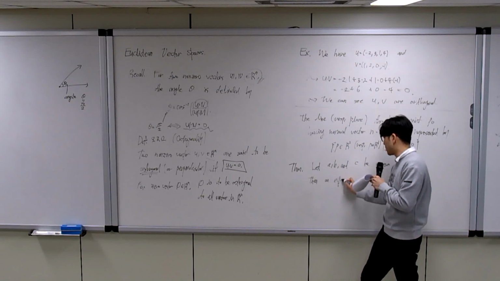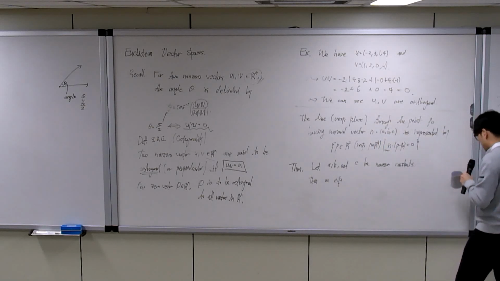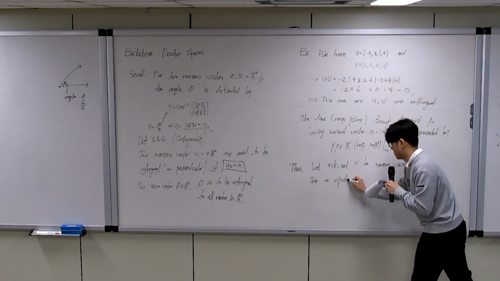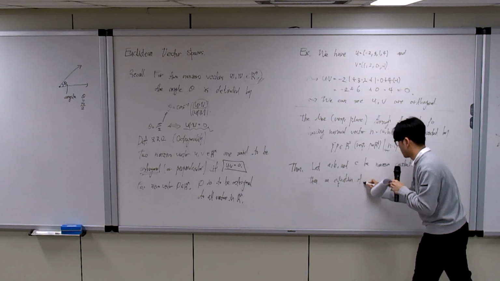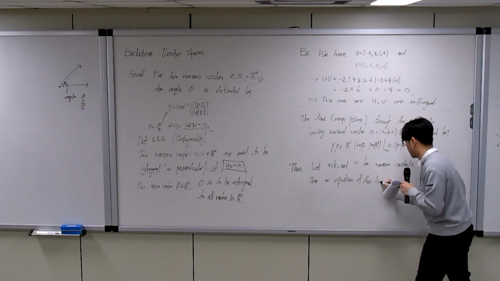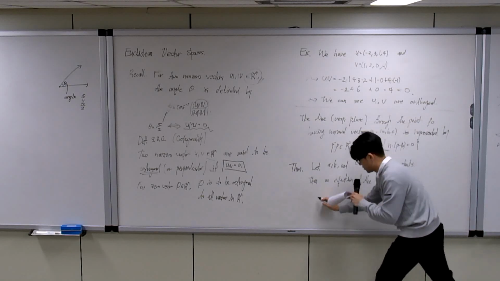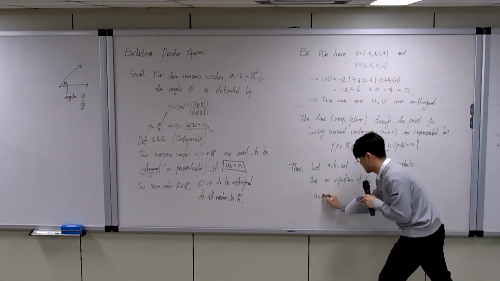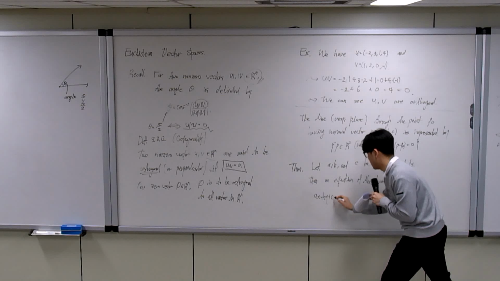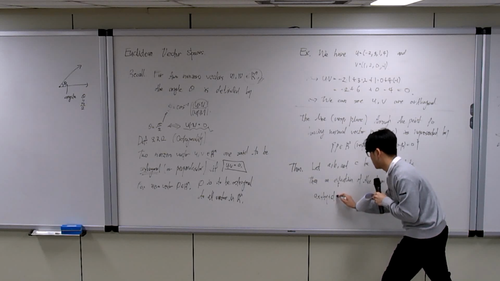Then the following equation of the form ax plus by plus cz plus d equals 0.